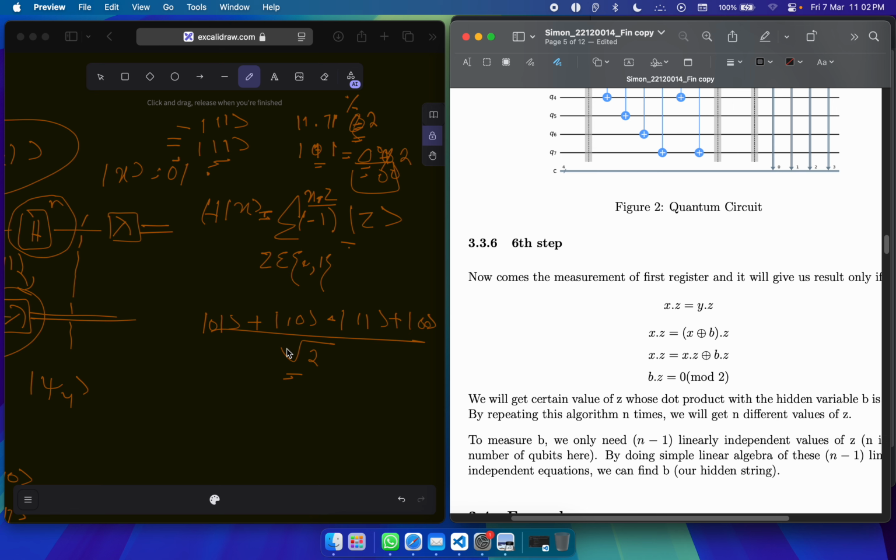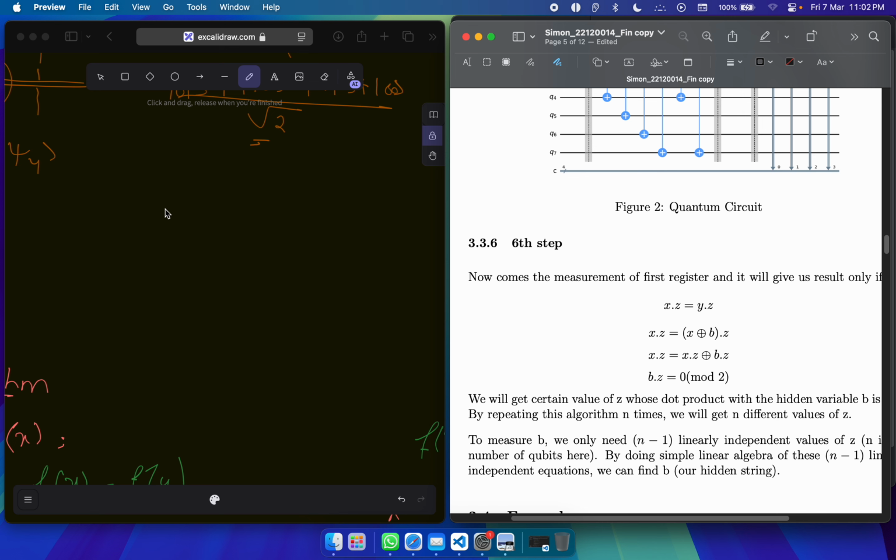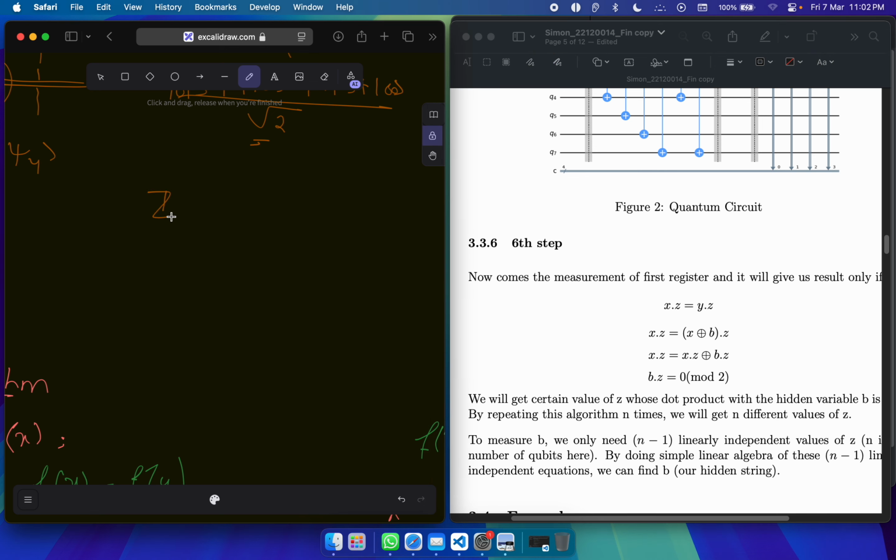So now we know that once we run it, we get a certain z, and we know that b dot z has to be 0 for the condition that x dot z equals y dot z, meaning that our function was essentially 2 to 1, and that the amplitudes add constructively, right? There are many other postulates that can be derived from these results, but this is what we have right now.